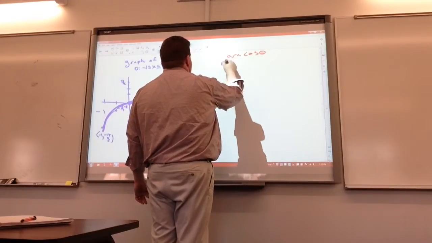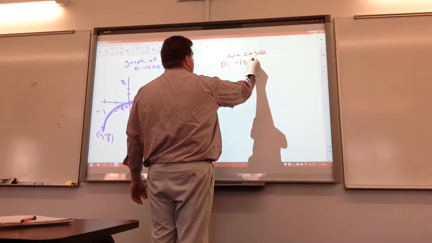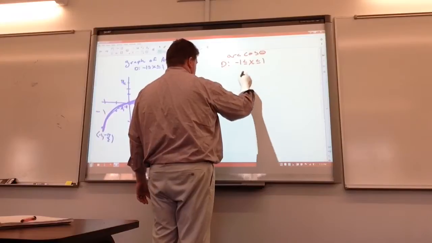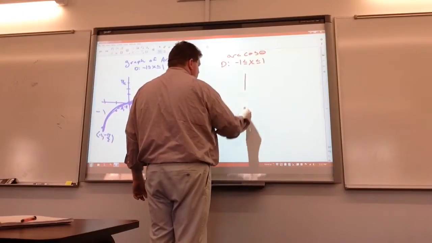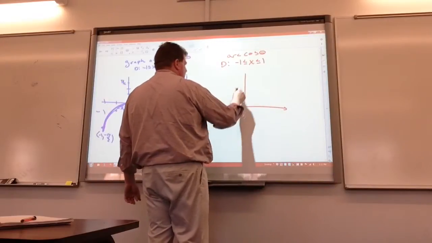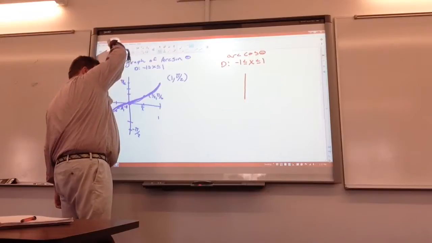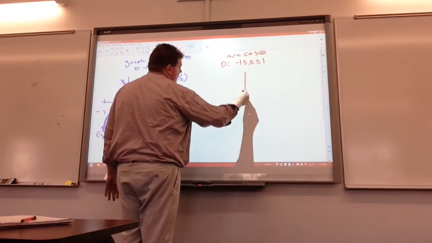Remember, its domain is also from -1 to 1. But it's a little different. In fact, these axes I drew here were not very good.